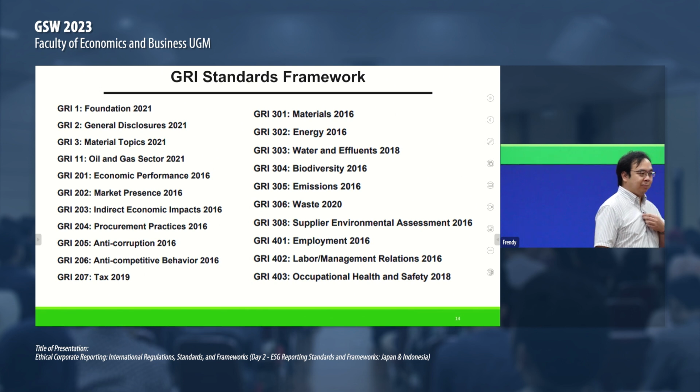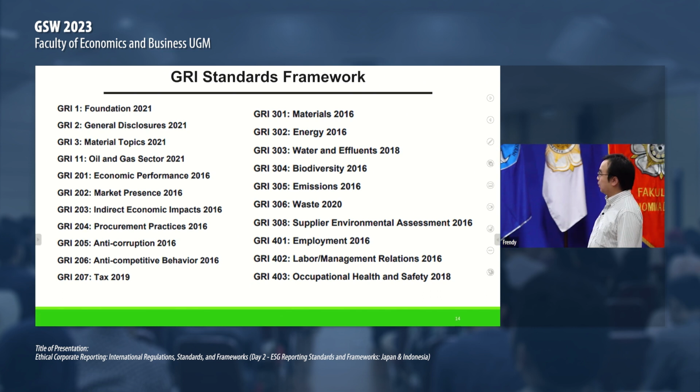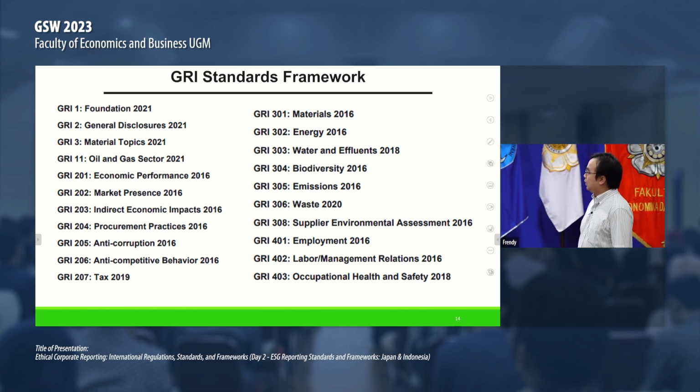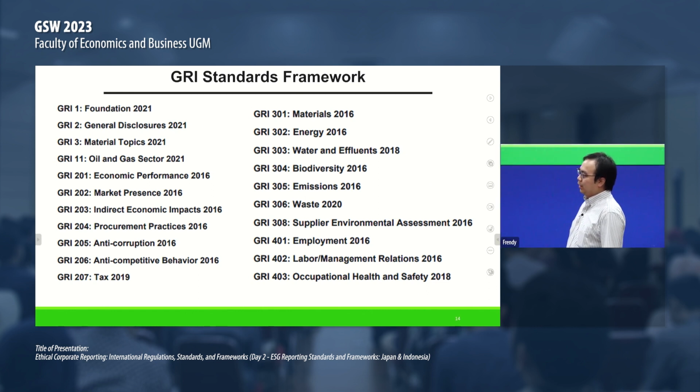Did anyone notice some patterns here? From 201 to 403. What kind of pattern do you notice? Try to look at the first digit. Are there any patterns, commonalities that you observe?